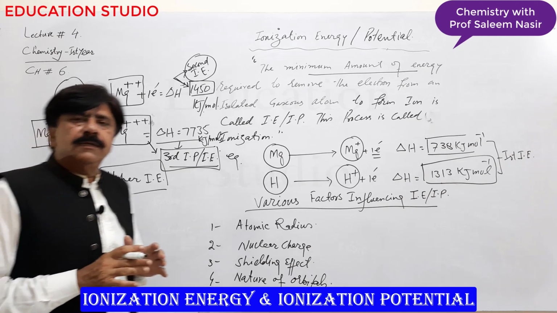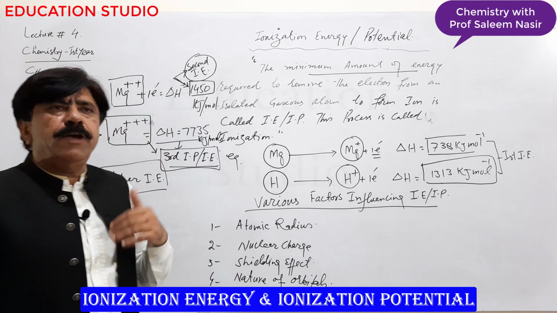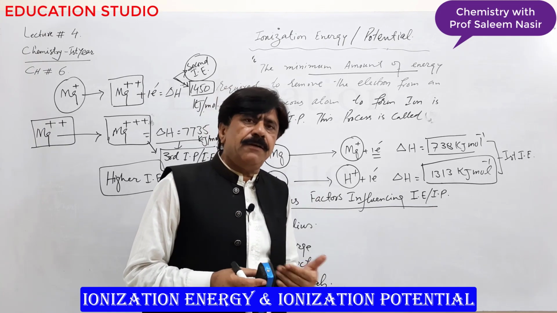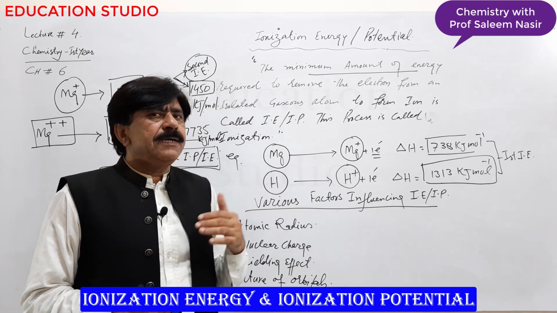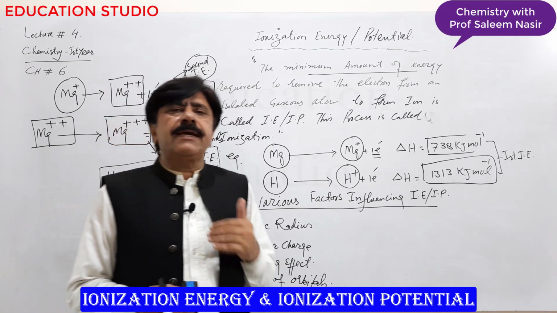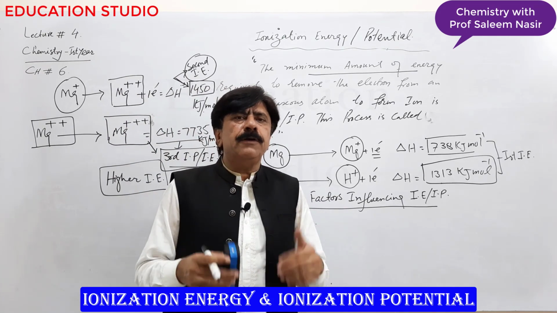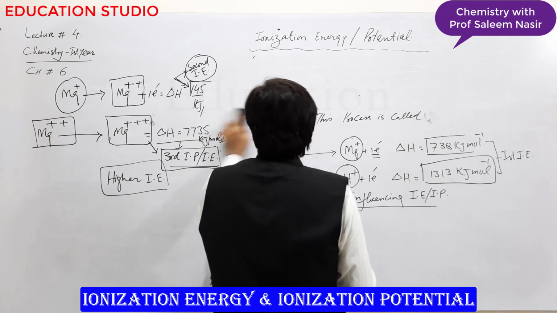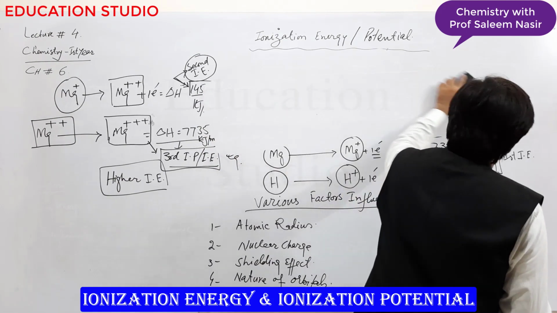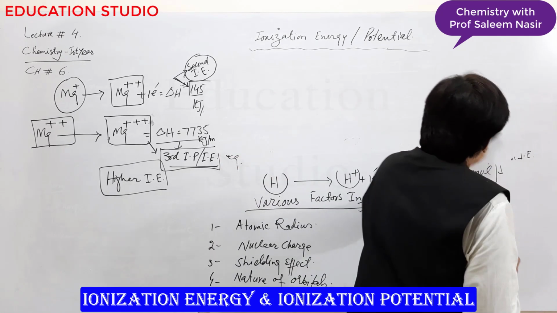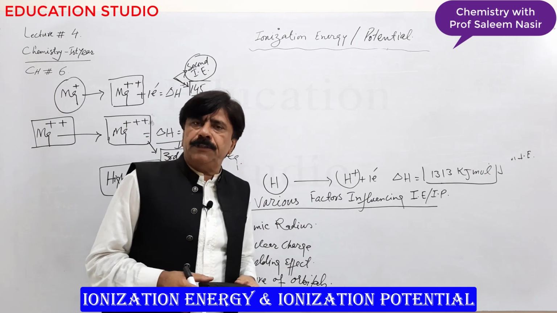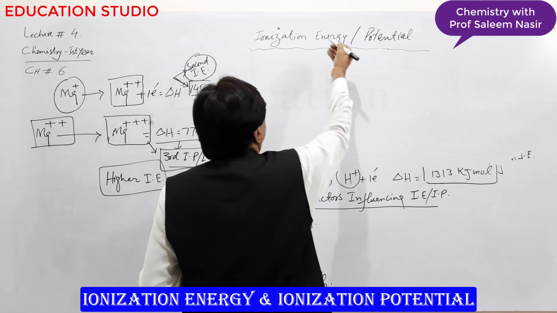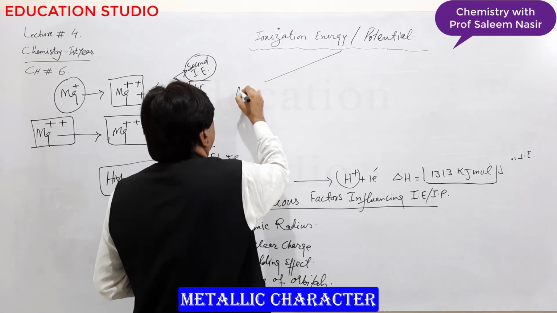Students, these higher ionization energies are the different values of ionization energy for different elements, regarding the first, second and third ionization energies. From these different ionization energies of an element, from the unipositive ion to the dipositive ion and the dipositive ion to the tripositive ion, we can find other properties of that element. These are the metallic character.